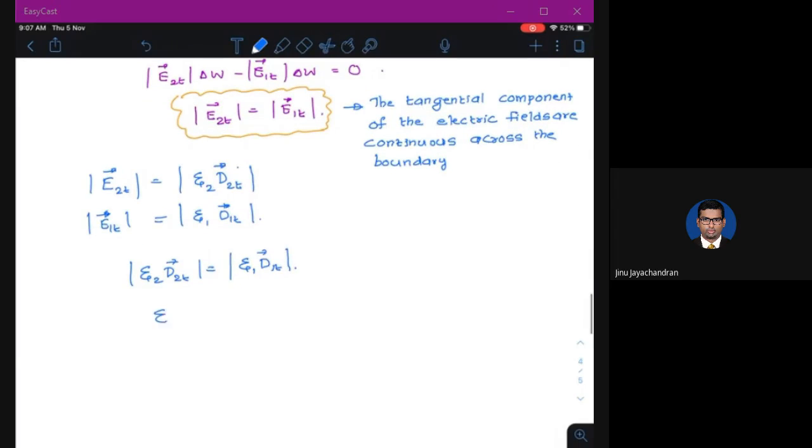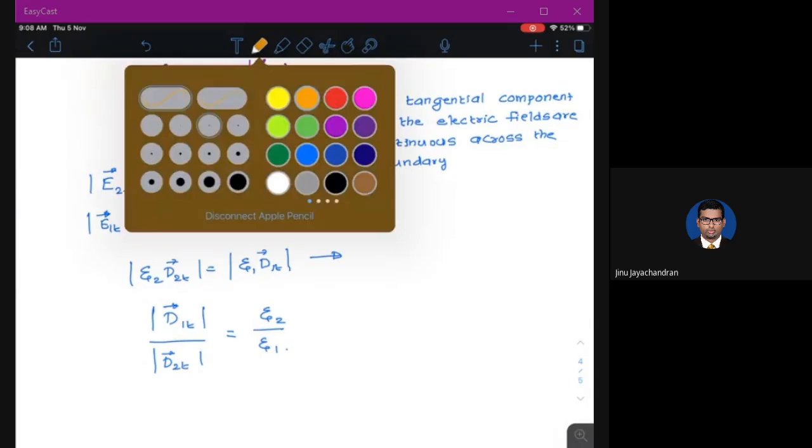Or I can write this as the magnitude of D1t by the magnitude of D2t is equal to epsilon 1 by epsilon 2. So this is actually the next boundary condition.